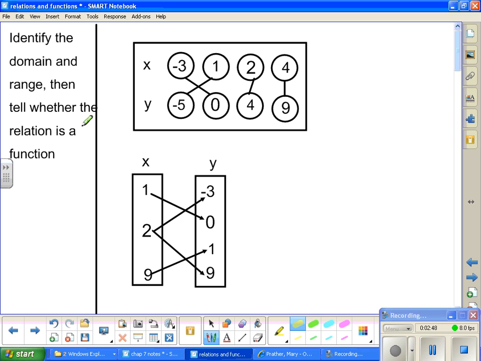The directions are the same in your packet that you get after the notes. It says identify the domain and range and tell whether the relation is a function. So the first one that we have, you have your X values and your Y values. So what you want to go ahead and do first is list the domain and the range.